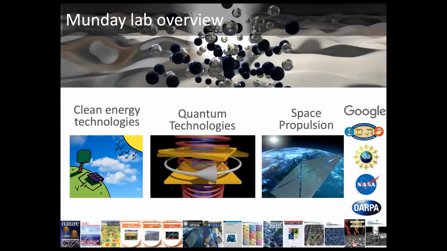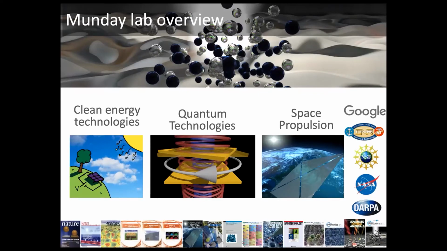We also work with what I'll call quantum technologies. That's looking at how things work on the nanoscale, so on very, very small scales, how optics are a little bit different there. And there's some interesting electromagnetics and mechanics that occur on this very small scale. And then also space propulsion. With space propulsion, what we look at is how you can use photons, so light from the sun or from a laser, in order to push objects around.